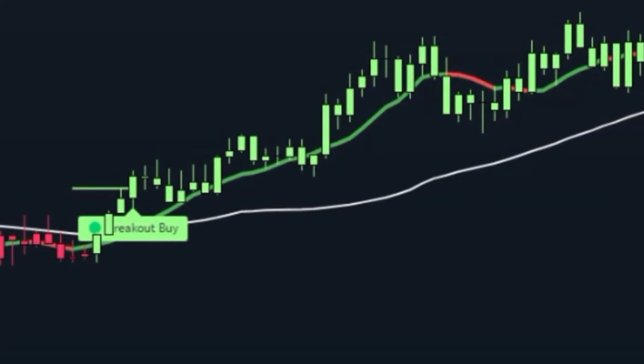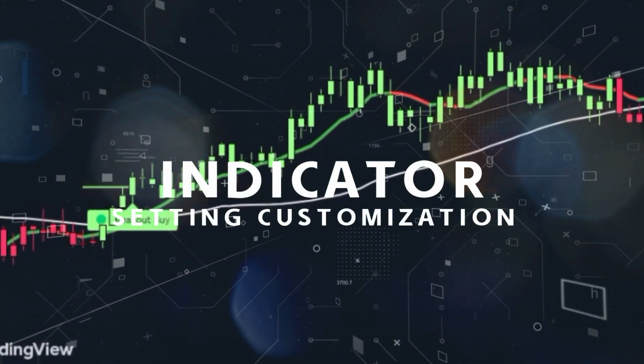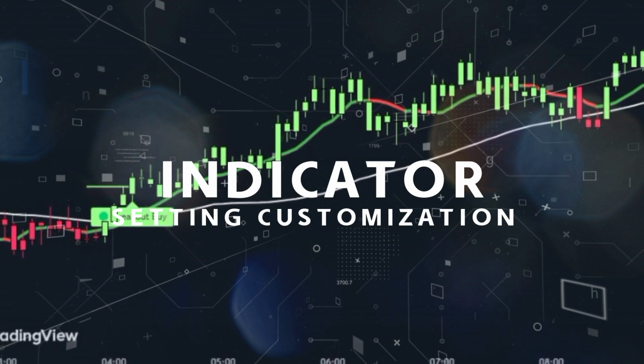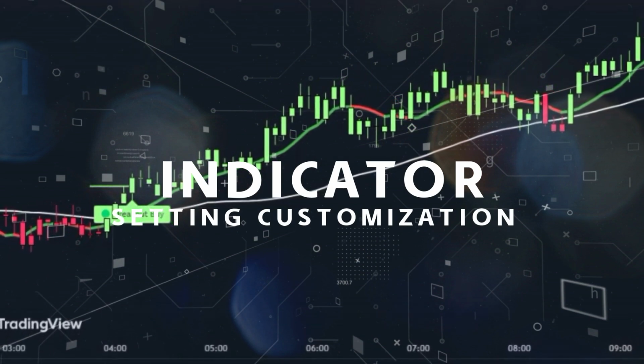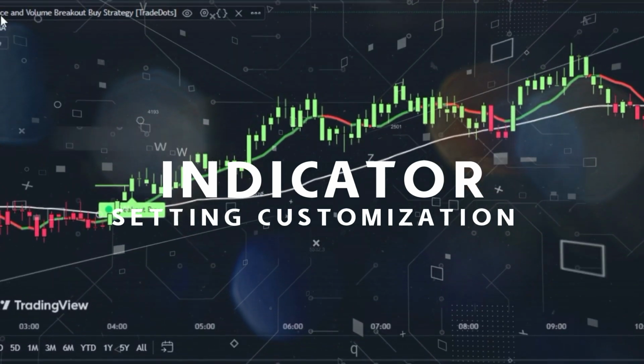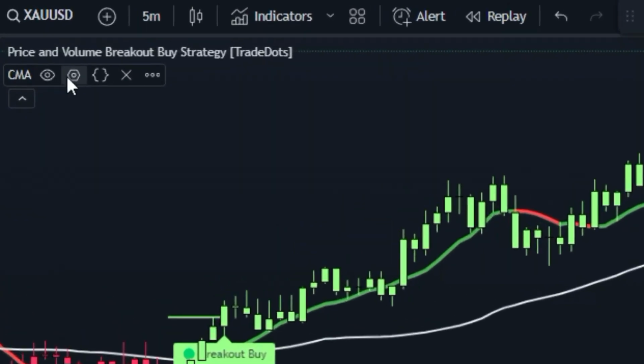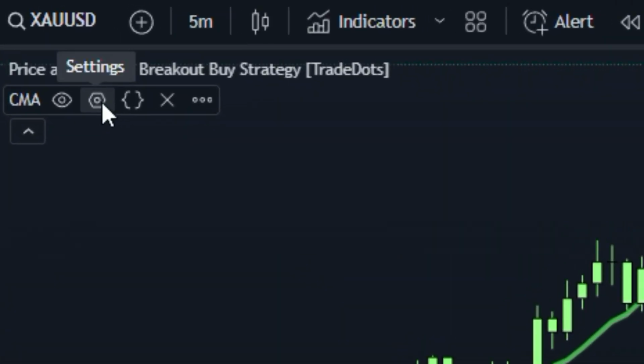To get the most out of this awesome tool, we'll need to tweak the settings a bit. No worries though, I'll walk you through the changes step by step so you can make the most of your scalping strategy. Just follow along as we optimize the Color Moving Average indicator settings together.